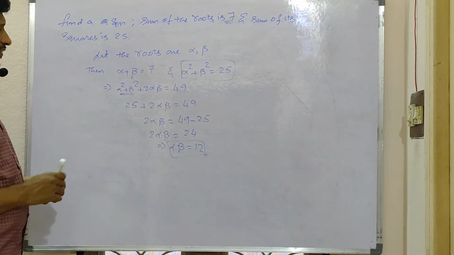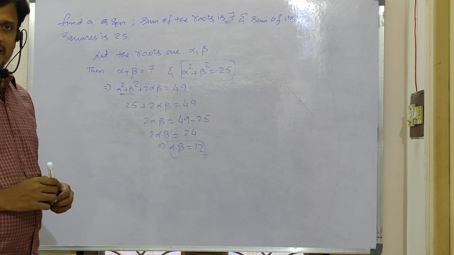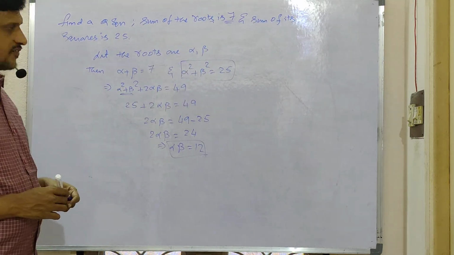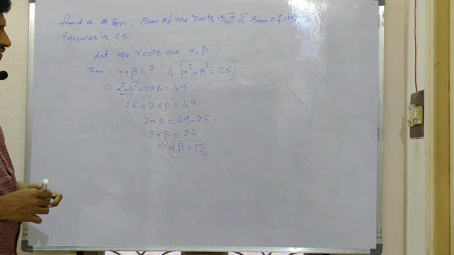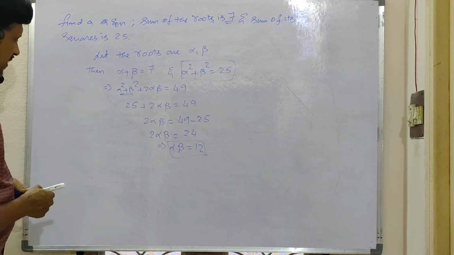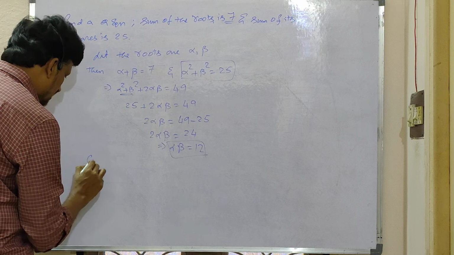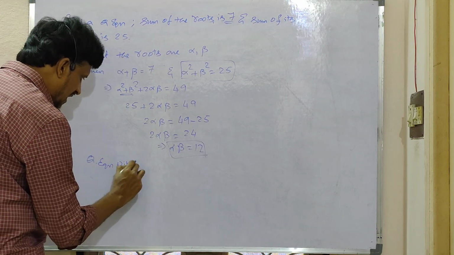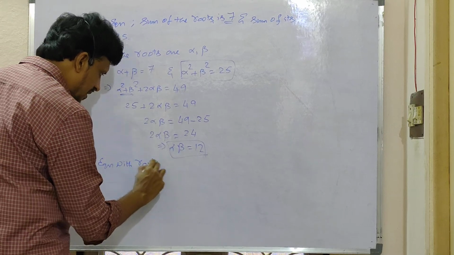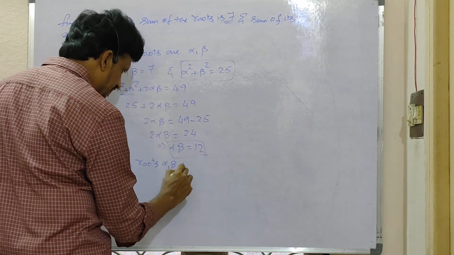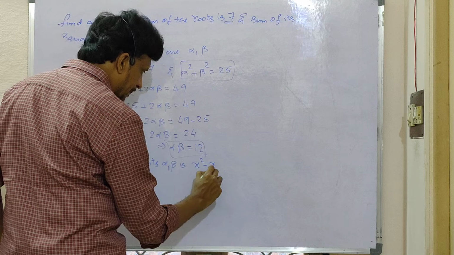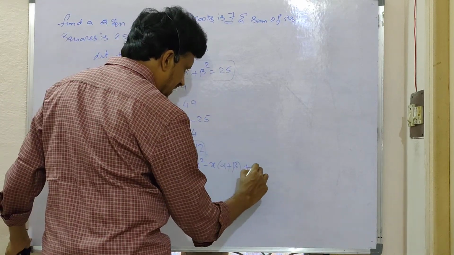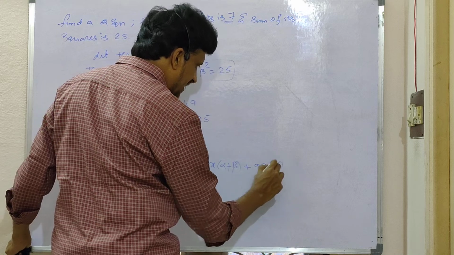So that means if the roots are alpha and beta, the sum of the roots is 7 and the sum of their squares is 25, which gives the value of alpha beta. And now we know the quadratic equation with roots alpha, beta is x square minus x into the sum of the roots, alpha plus beta, plus the product of the roots, alpha beta, is 0.